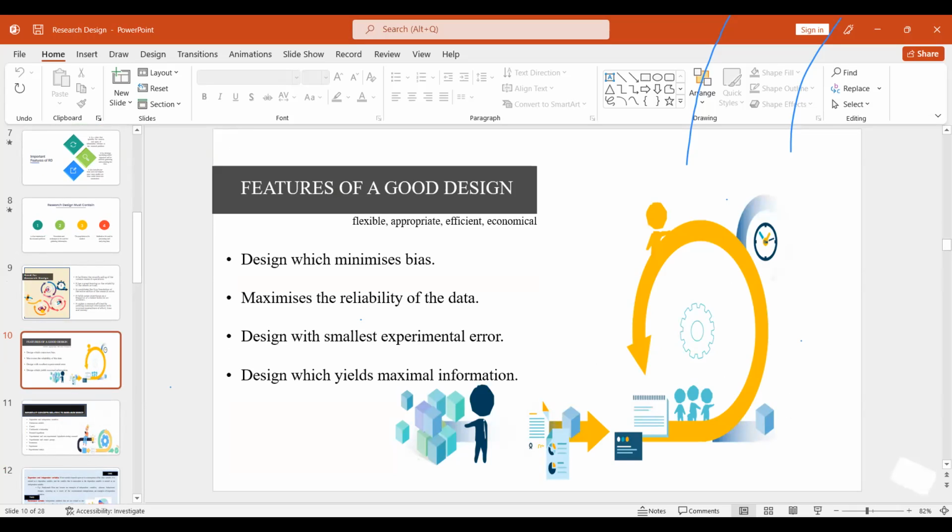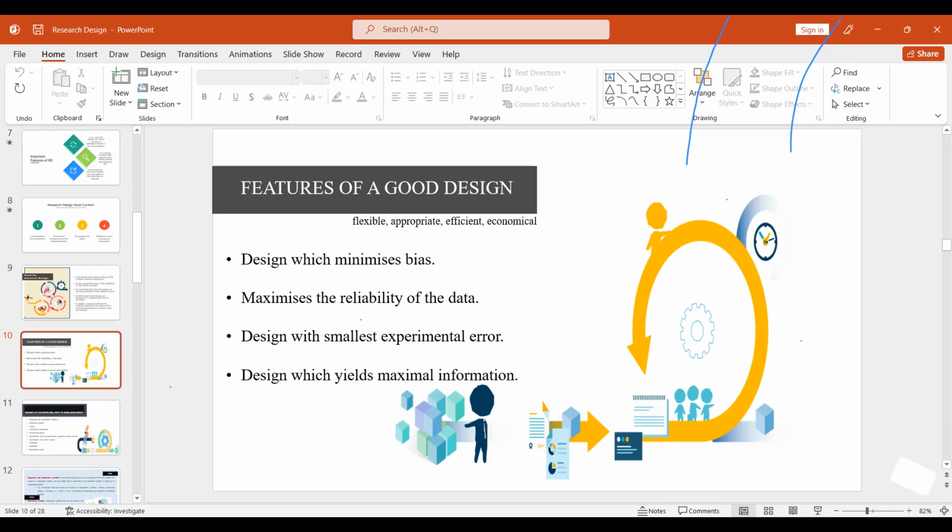The features of a good design: it minimizes biases, it should be flexible, appropriate, efficient, and economical, and it maximizes the reliability of the data.